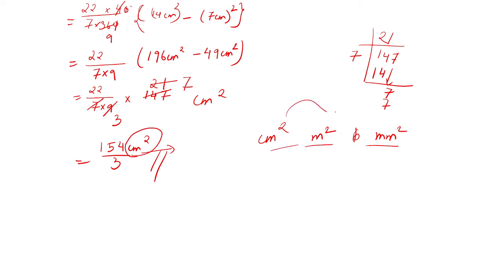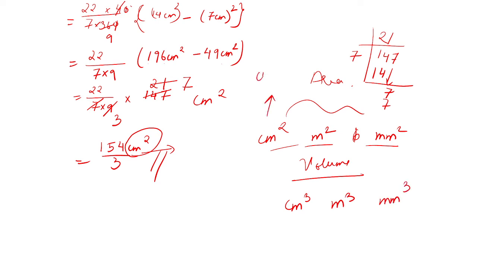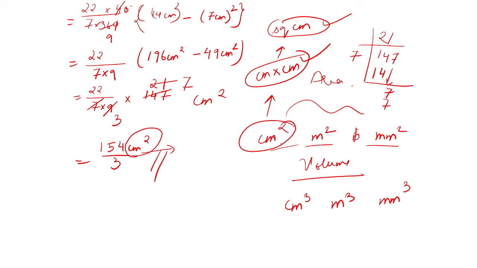And when it's for volume, it will be in terms of cube: centimeter cube, meter cube, millimeter cube. Centimeter square means you're multiplying centimeter two times. This is also the same as square centimeter. Square centimeter is also correct, centimeter into centimeter is also correct, centimeter square is also correct. It's just different notations.